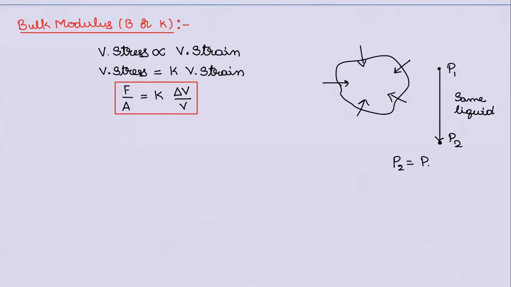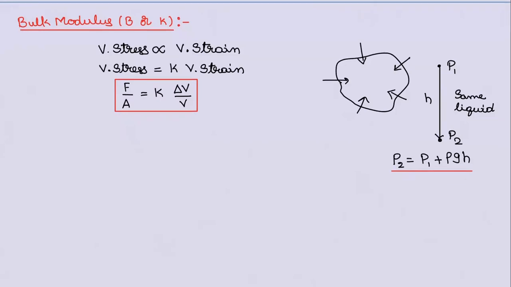P2 is equal to P1 plus rho g h, where rho is the density of the liquid, g is the acceleration due to gravity, and h is the depth, how deep you go. P0 plus rho g h. This is one formula which you need to remember, and maybe you need to apply it here, because bulk compression is practically possible only by taking into water. This formula is also kind of important for you. Apart from that, the remaining is easy to deal with.